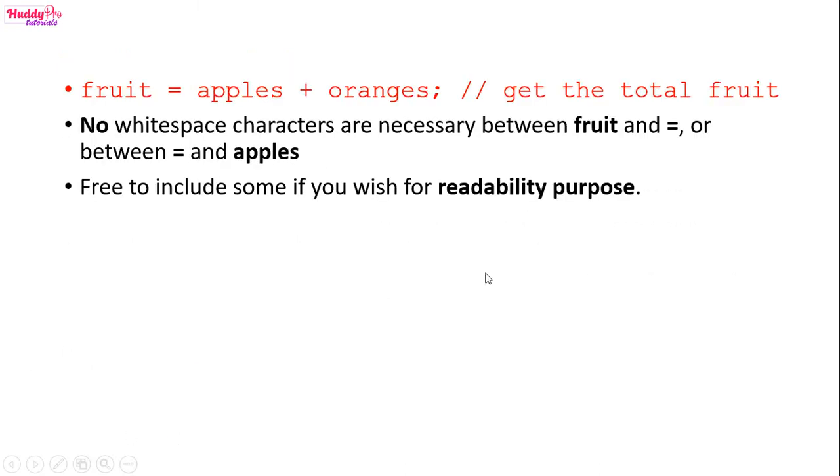Now if we continue and you look at this statement in C, you are seeing fruit and then white space, equal to, white space, apples, space, plus, and so on. So this is a comment. Here we are terminating, and the comment is trying to explain what's going on, that we are getting the total fruit. Now note, no white space characters are necessary between fruit and the equal to sign.